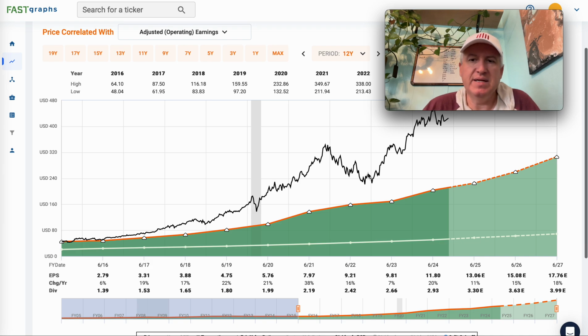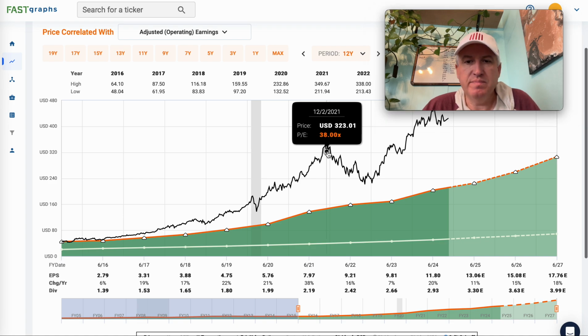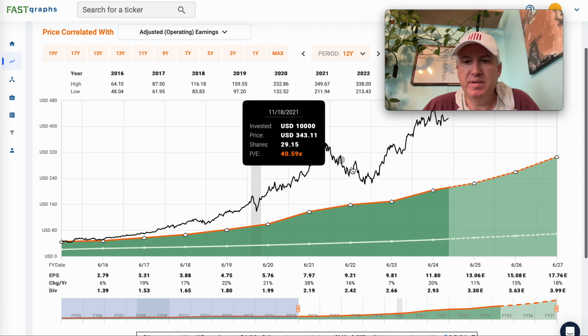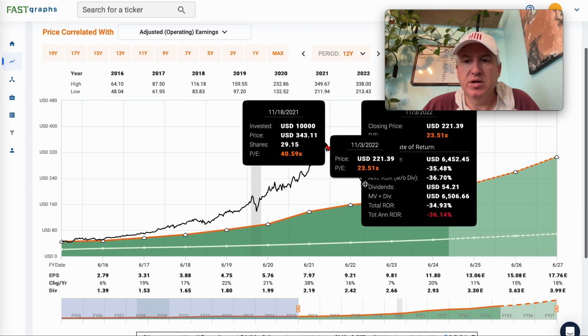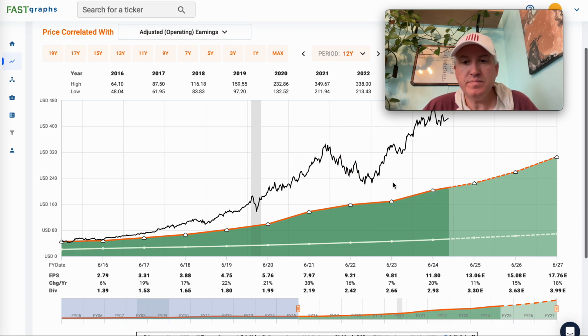So it's not crazy to think that during a recession, if maybe they earn nine something a share, well, when the market's expecting 13 or 14 or 15 and they earn 9, the stock could lose half its value. Don't even think that it can't. Let's look. It lost over 35% just in the 2022 decline, and it wasn't even a recession.